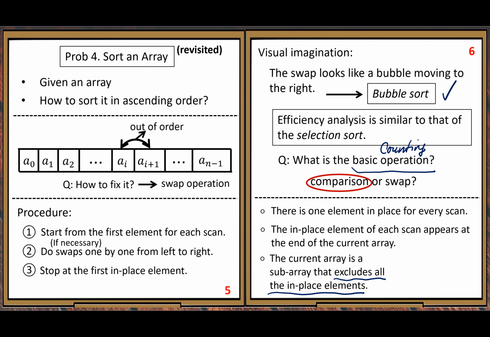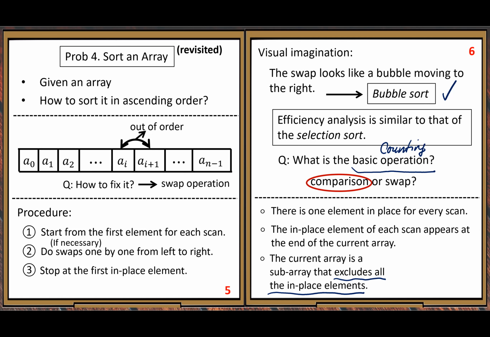But you may not apply a swap operation on an adjacent pair, because if they do not form inversions, you do not apply swap operations. So for that reason, comparison is more basic than swap.